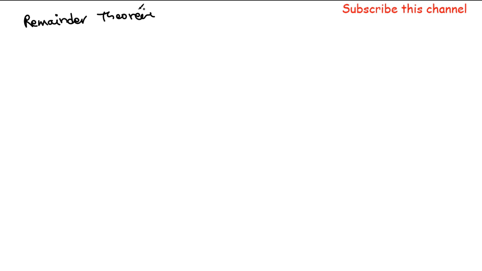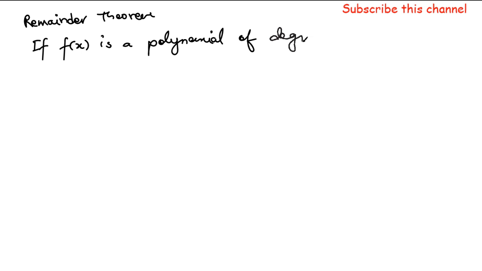For this, what we do is that if f(x) is a polynomial of degree n, means the degree of this polynomial f(x) is n, and divisor is x minus a.